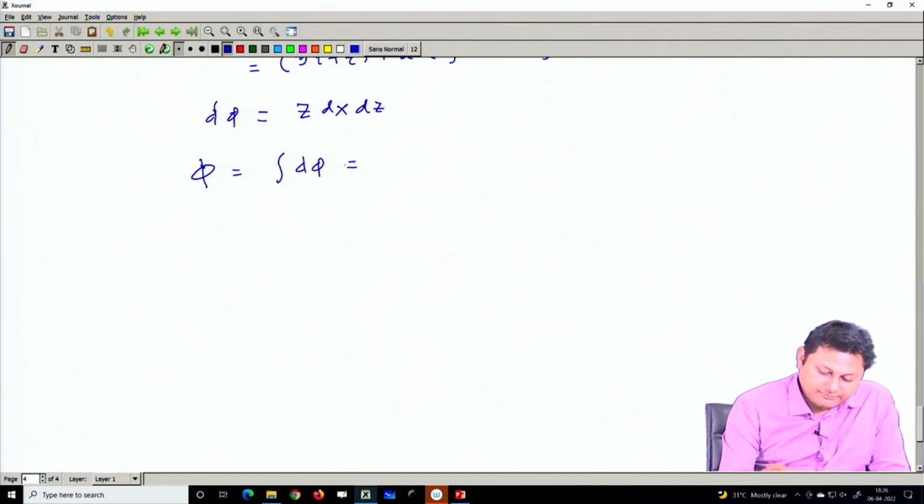So I have the integration from 0 to 2 of z dz, and the integration of dx, with x changing from 0 to 1.